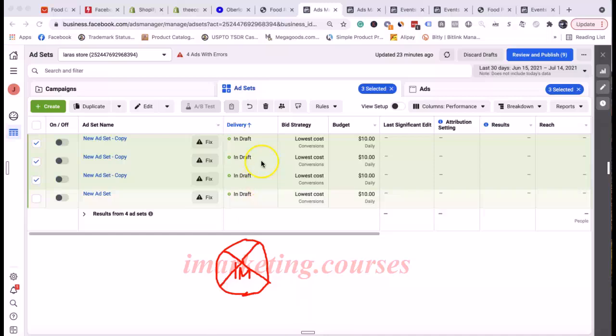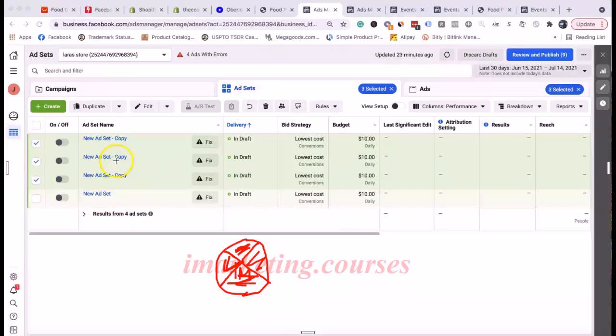The original ad set that wasn't able to scale might have been in a pocket of people where it was performing well at a low budget, but once you scaled it, it stopped performing. So when you're duplicating these ad sets, you start hitting these other pockets of the interest. If it works, that means you're hitting a specific pocket of that interest. You may be able to scale that one as opposed to the original one.